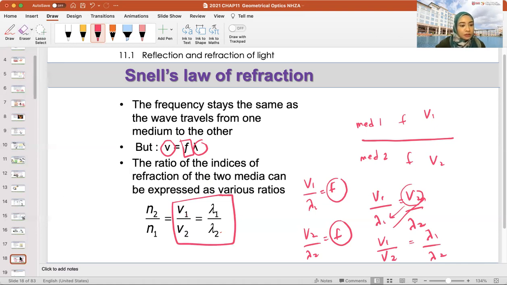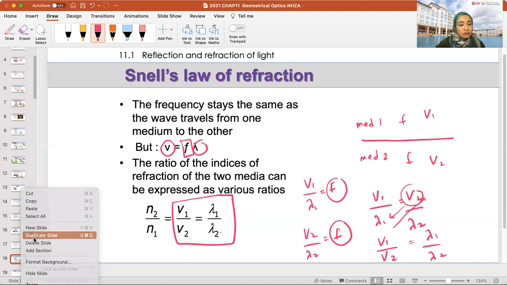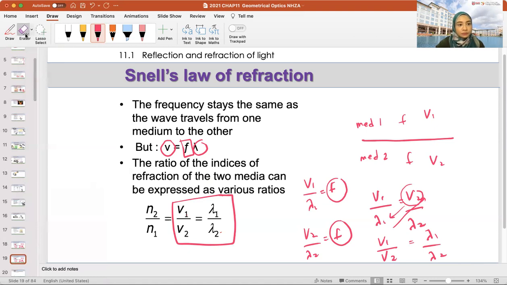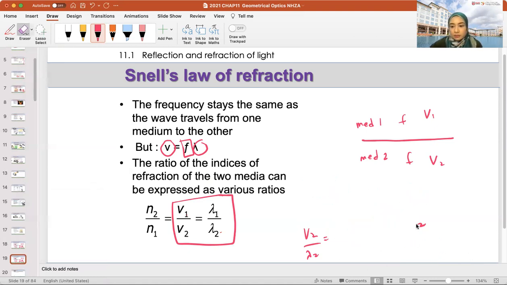I also told you about the index of refraction equation: N is equal to C over V. So if this has V1 and this has V2, I would have N1 and N2.